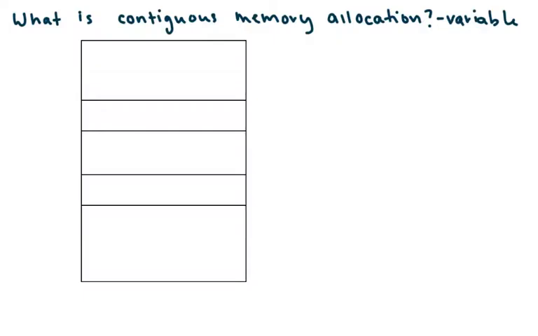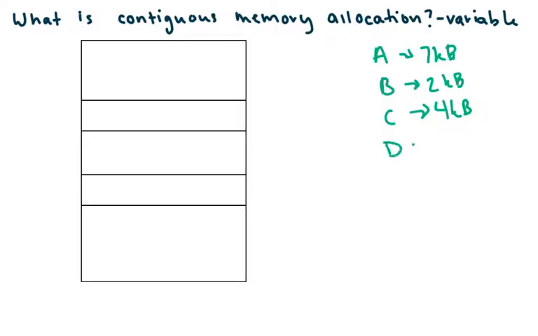So let's again write down those processes. Process A comes in and needs 7 kilobytes. B needed 2 kilobytes. C 4. D 2 kilobytes. E 8 kilobytes. Okay, so these are our processes coming in.